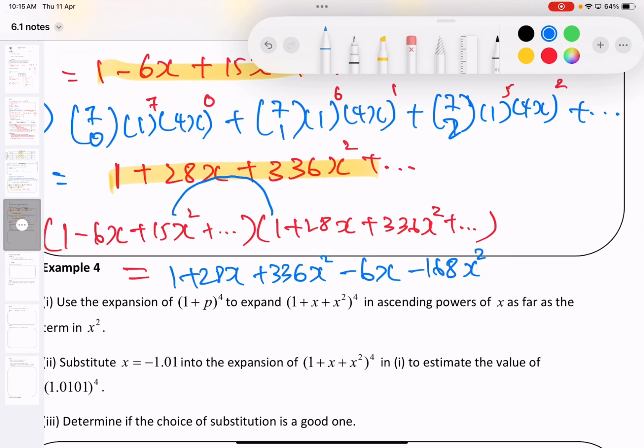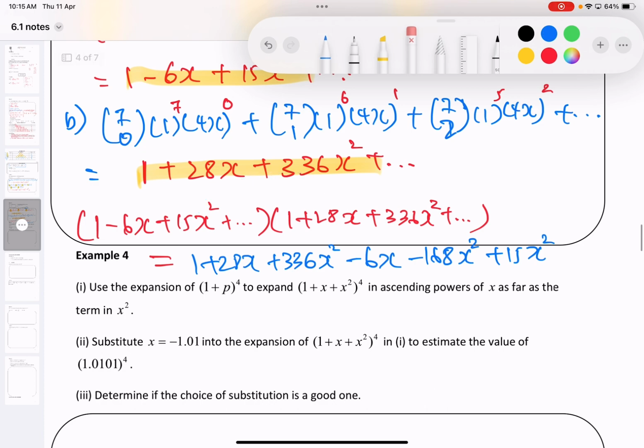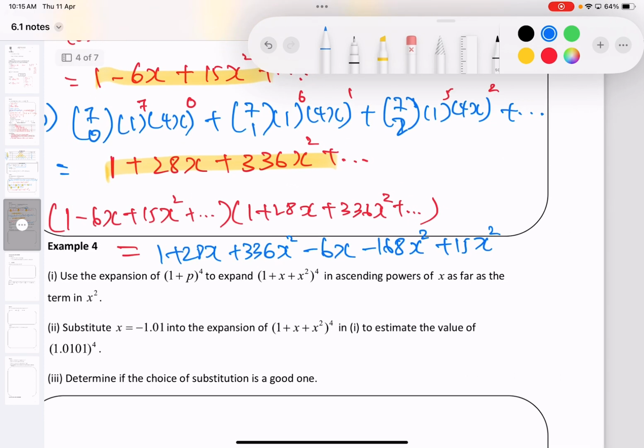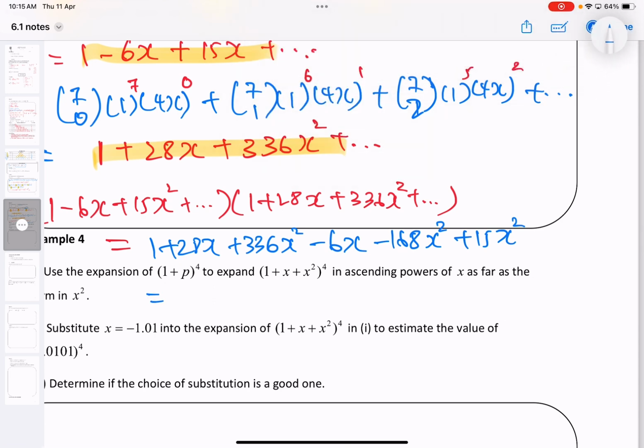15x squared times 1 gives me, of course, plus 15x squared. Do I have to do the next one? No, I don't have to, because I'm going to get x cubed and then x to the power of 4. So I'm going to stop here. My final answer will just be the simplification of this. Because of space constraints, let me just write it down here.